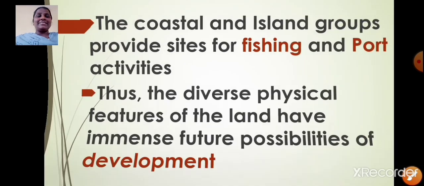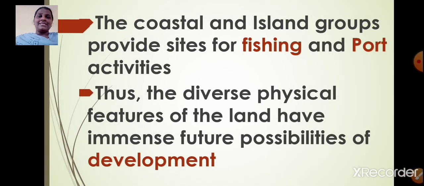I hope it is clear, students. Thus, the diverse physical features of the land have immense future possibilities of development. So, there are a lot of future possibilities for the development of our country. I hope you have understood about the Lakshadweep and Andaman and Nicobar Islands as well as the importance of all the physical features of our country.